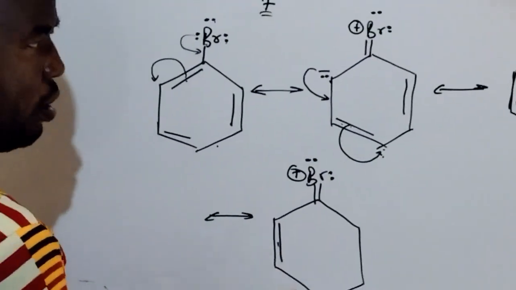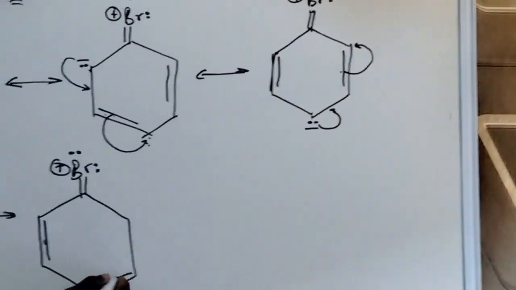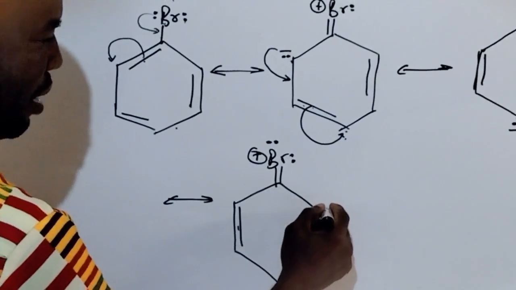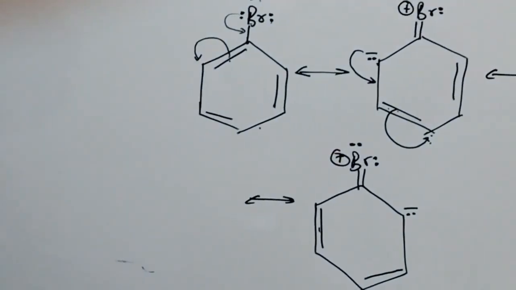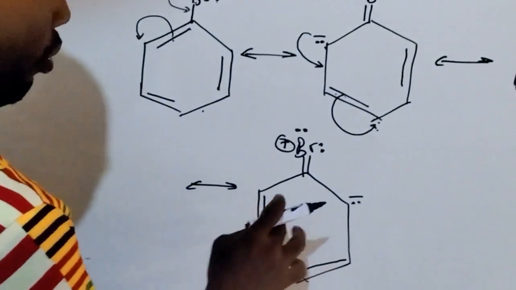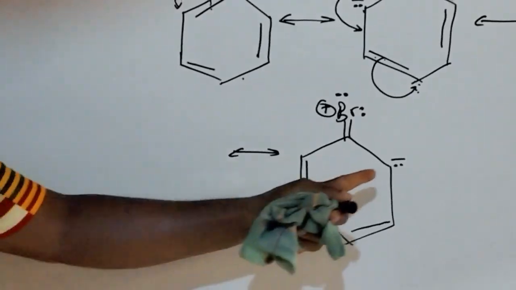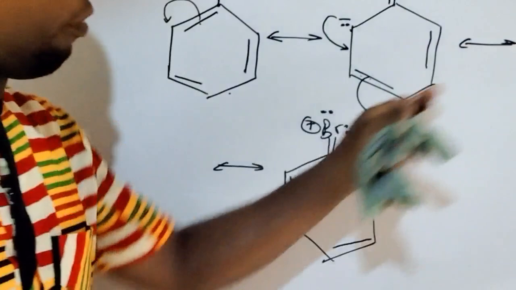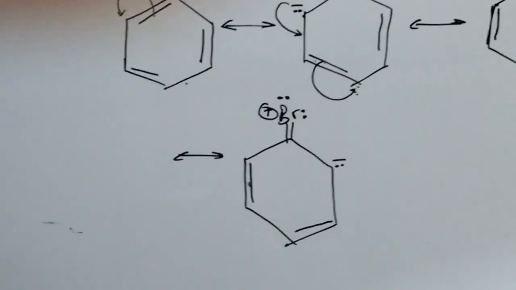Then this electron shifts to make a pi bond here, while the pi electron here shifts, making this carbon negatively charged. So you can count them: 1, 2, 3, 4. Four resonating structures of bromobenzene.